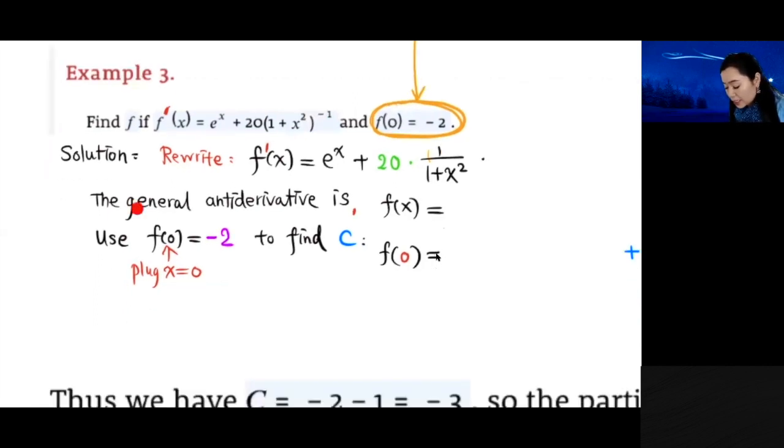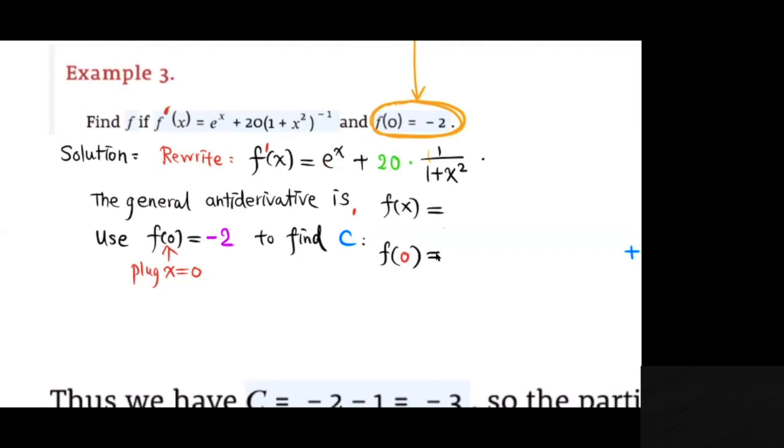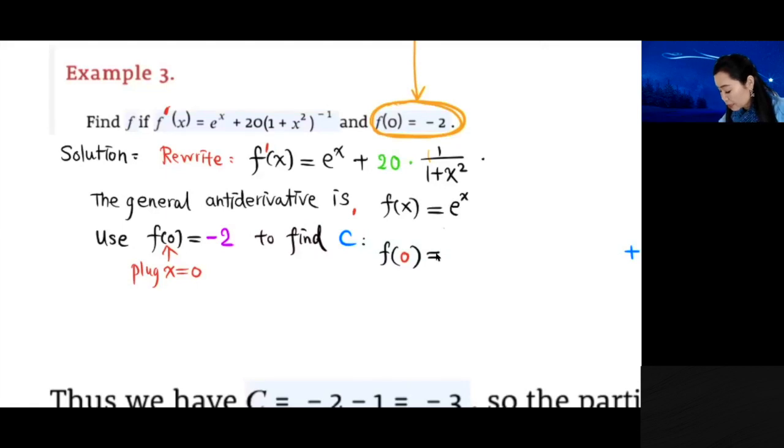Now, once you write it in this form, that will kind of remind you of the antiderivative, right? So the general antiderivative is going to be what? What's an antiderivative of e to the x? e to the x. Yeah, so that will be e to the x itself, and then plus. Now the 20 over here is a constant multiple, so just put the 20 times. Now, can someone tell me what's an antiderivative of 1 over 1 plus x squared?